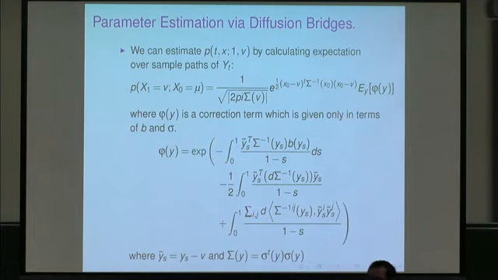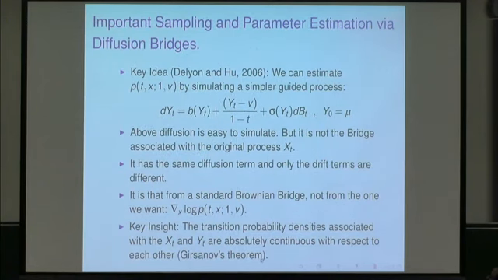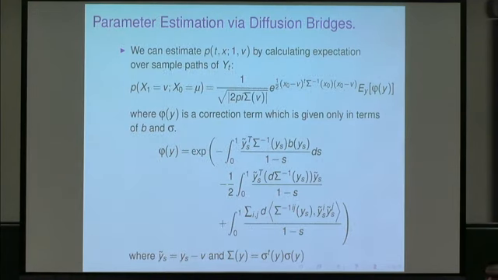Oh, and that's supposed to be pi, I forgot my backslash. So this is a really key insight. Because we have this, we can now get an estimate of p by simulating from process y, which we can simulate. That's perfectly well defined, because if we have the sum of b of t and sigma of t with a greedy drift term, there's no problem there, and we correct for the fact that our drift term doesn't match.